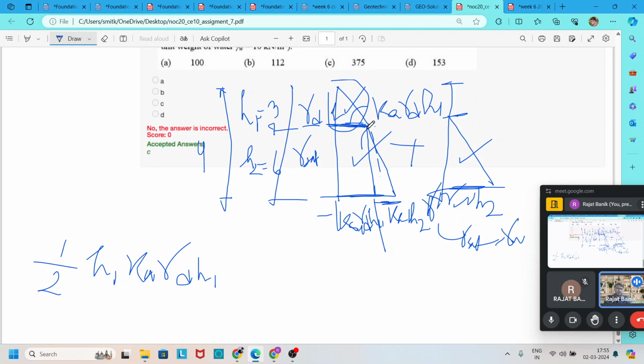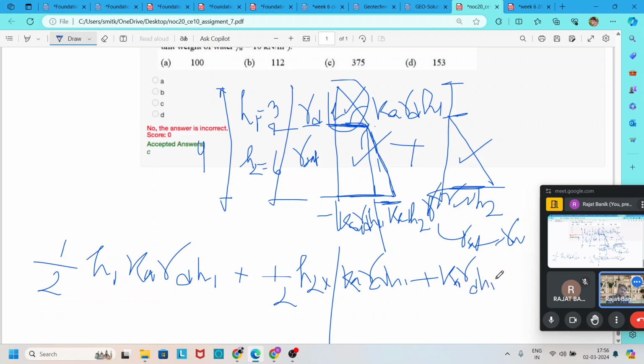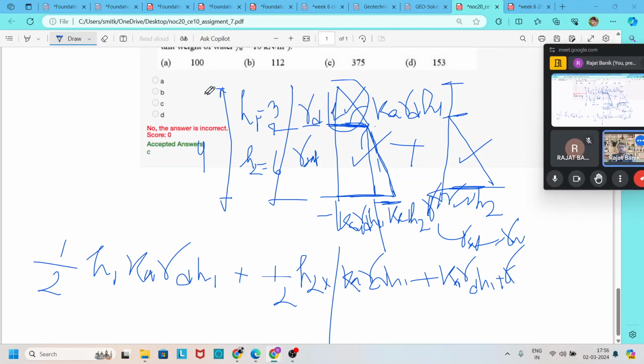The area of this part, which is a trapezoid, is half of the height h2 into the sum of the bases, that is Ka gamma d h1 plus Ka gamma d h1 plus Ka gamma submerged into h2.